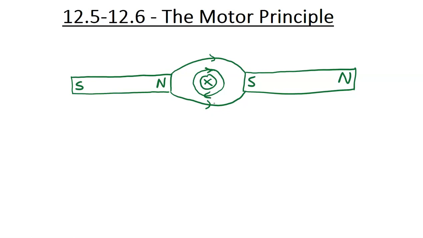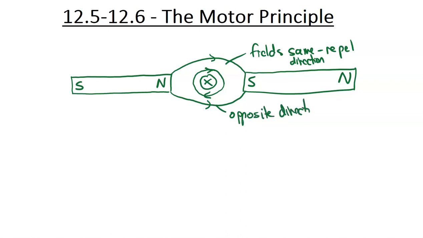And as we noted from before, fields in the same direction repel, and fields in the opposite direction attract. We noticed that from our last lesson. So the wire is going to move in this direction; we're going to experience a force that is downwards in this case.